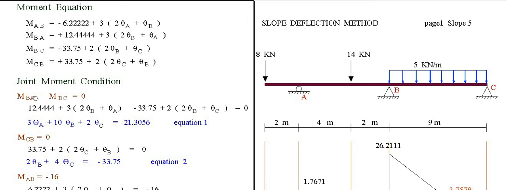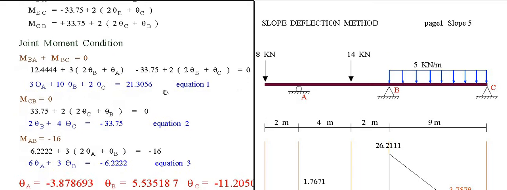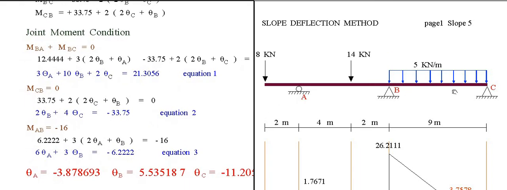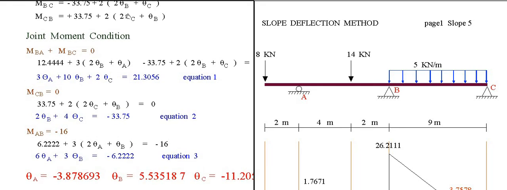Okay, another basic equation is that moment CB is 0, or the moment at C is really 0. So moment CB is 0. Then what is CB? This one.